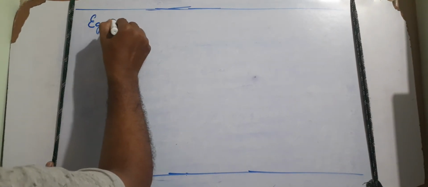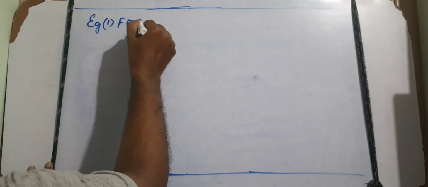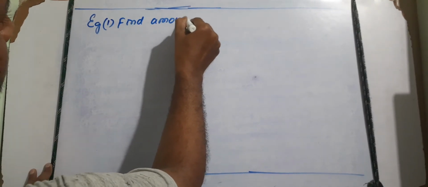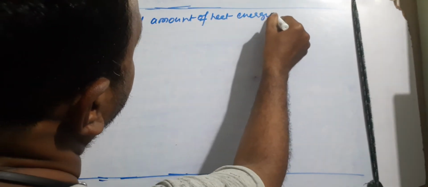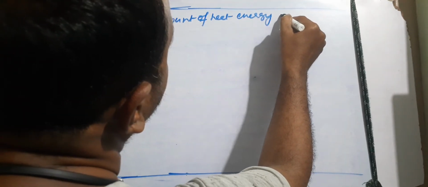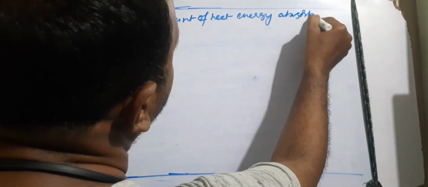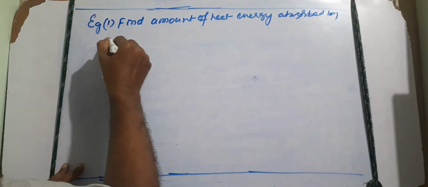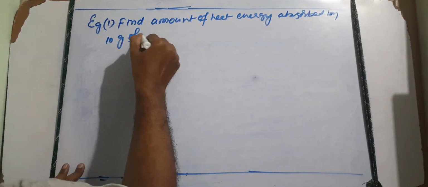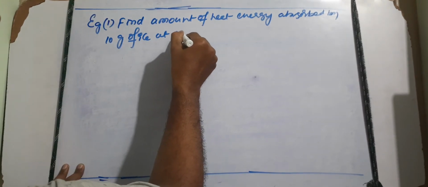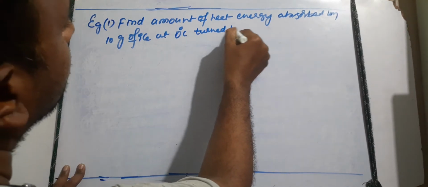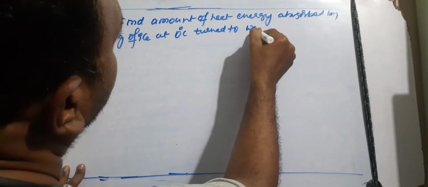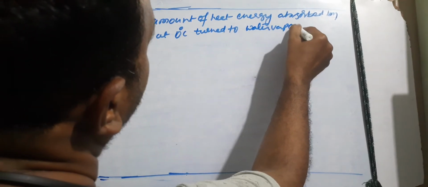Example 1: Find the amount of heat energy absorbed by 10 grams of ice at 0 degrees Celsius turned to water vapor at 100 degrees Celsius.